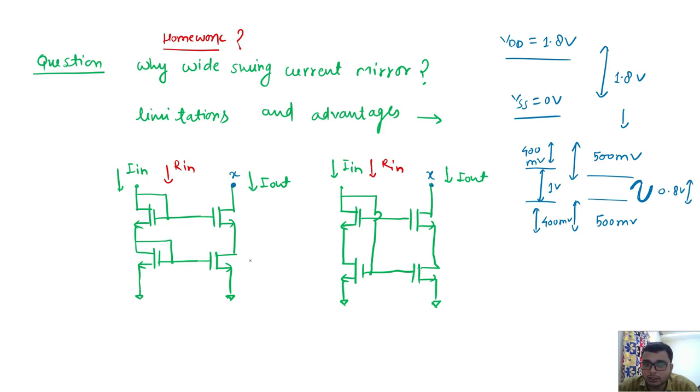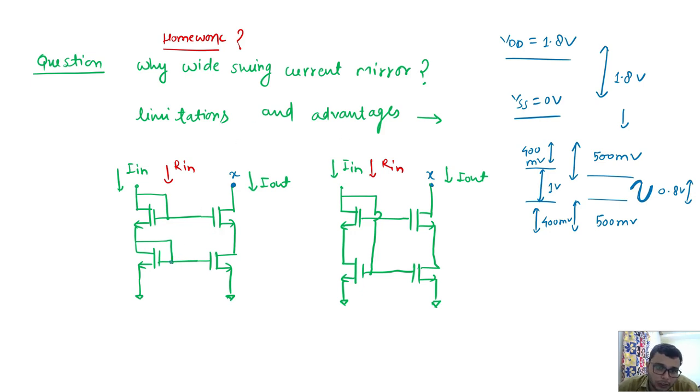If it is itself consuming 400 millivolt, then it is good from this example's perspective. And if it is consuming 500 millivolt, then it is less important for us. So this is the way we have to reduce this Vx, the amount of voltage that is making this current copy. Okay, now I think you understood.